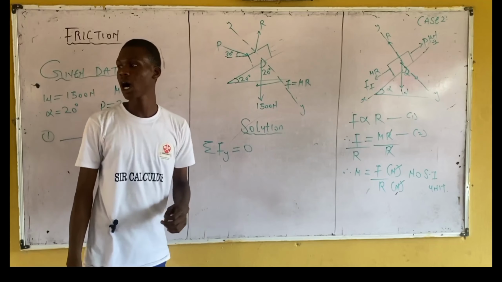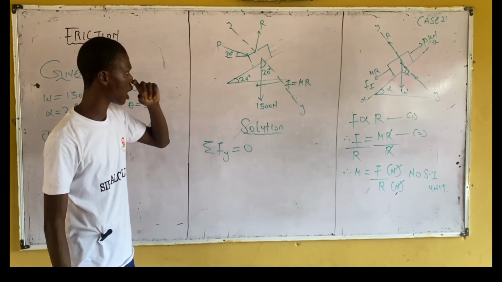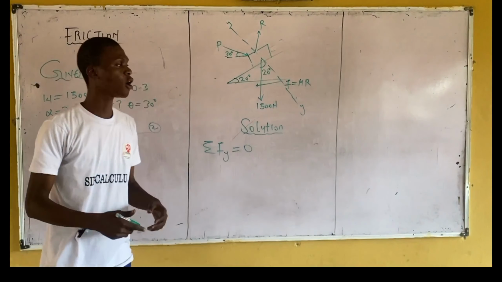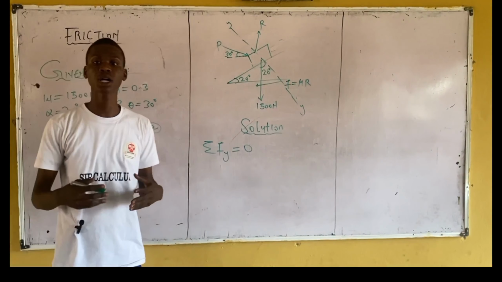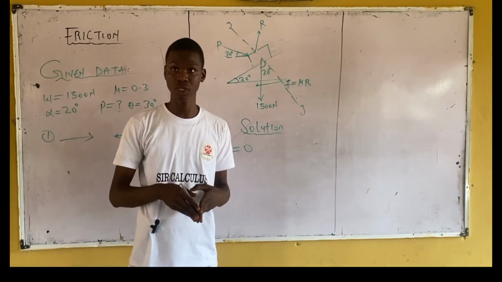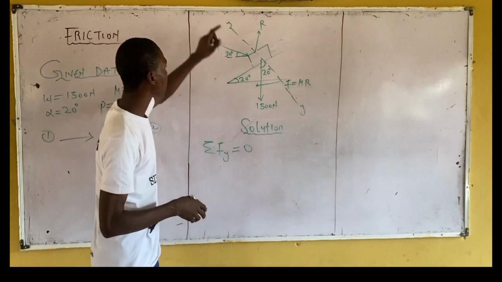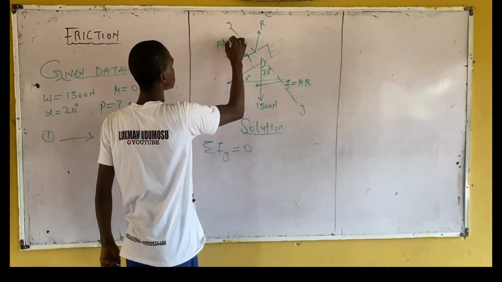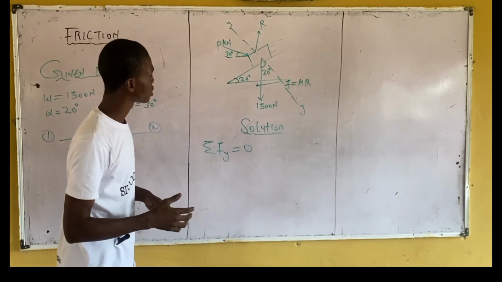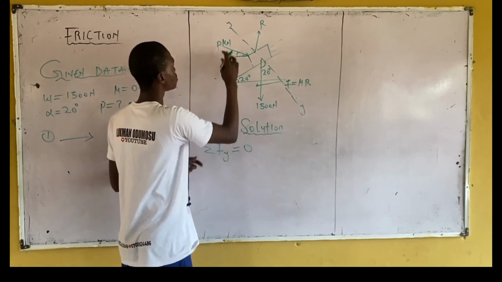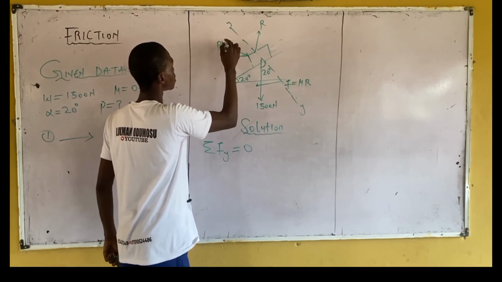Are you with me? Now, how many vertical forces do we have here? If you are seeing an inclined force, you can surely resolve your inclined force to your vertical force. Are you with me? So from here, I'm having this force, this P. Let me denote it as P newton, since the initial force from the question is measured in newton.